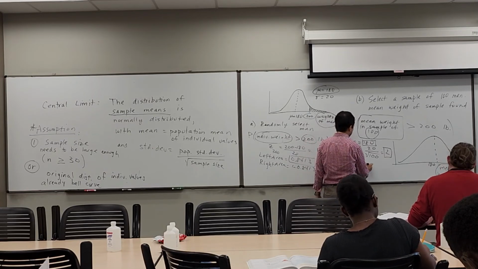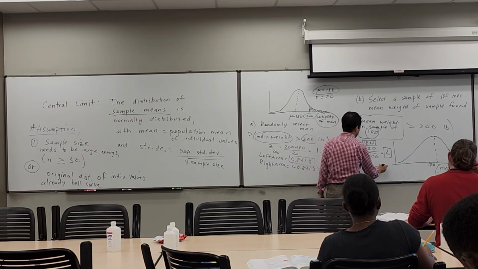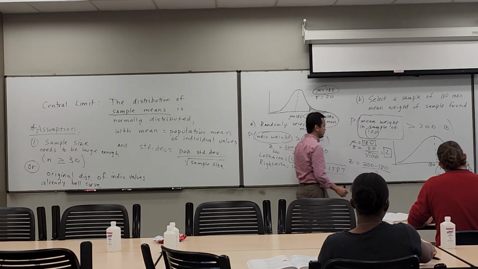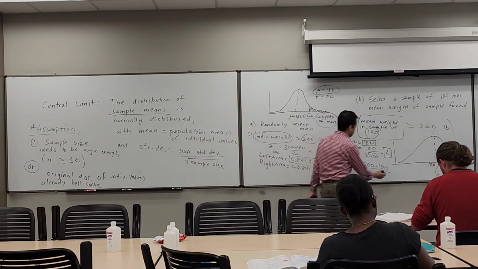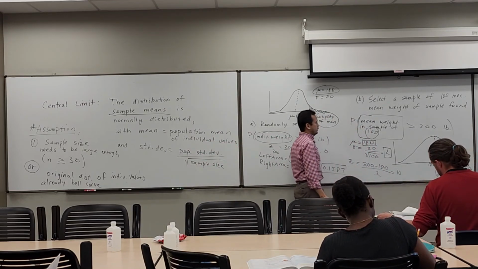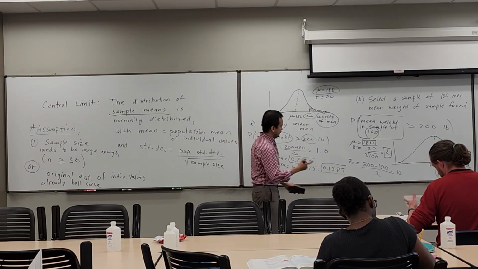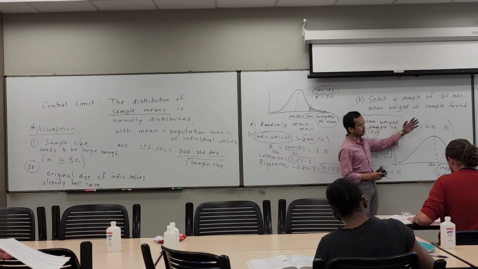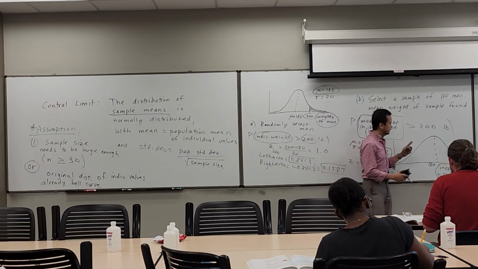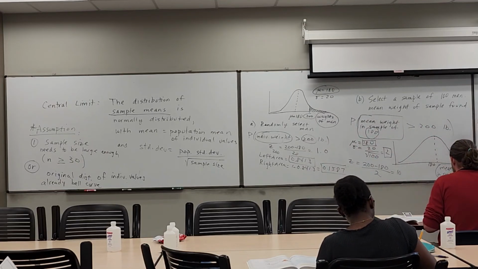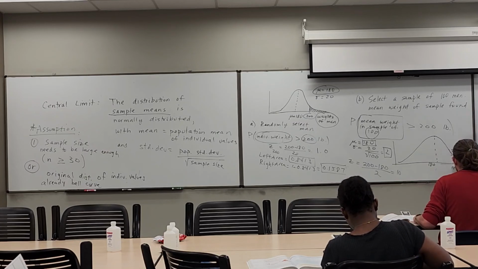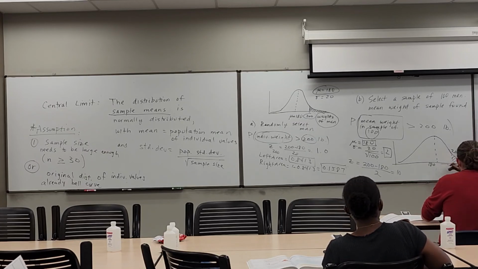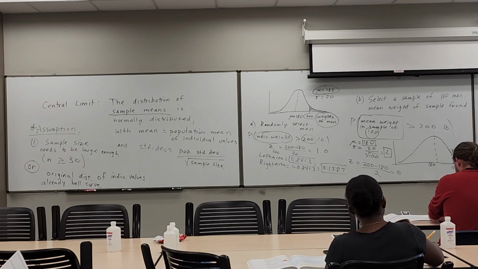The z-score will be 200 minus the mean, 180, divided by the standard deviation of 2. And that's 10. Good. Again, we're looking for the probability that this variable is more than 200, and that will be the same as finding the area to the right of 200 under the bell curve. But our z-score here is 10. So that means it's 10 standard deviations away from the mean. That means it's very far right on this bell curve.